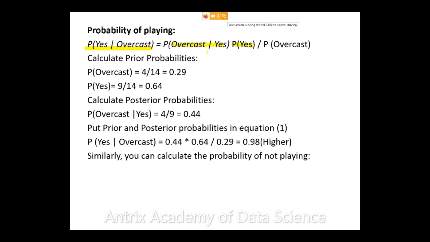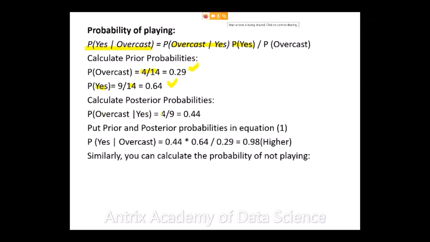So let's calculate the values. The total for overcast is 4 cases out of 14, and total yes cases are 9 out of 14, which is 64. So we get one value this and a second value this. Then we calculate the posterior probability. What is the probability of getting yes in overcast, or overcast in yes, because yes is my base value.